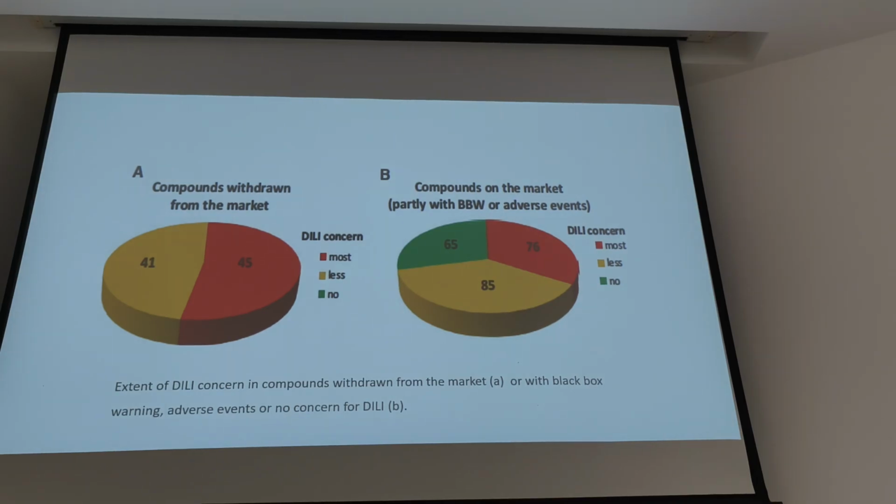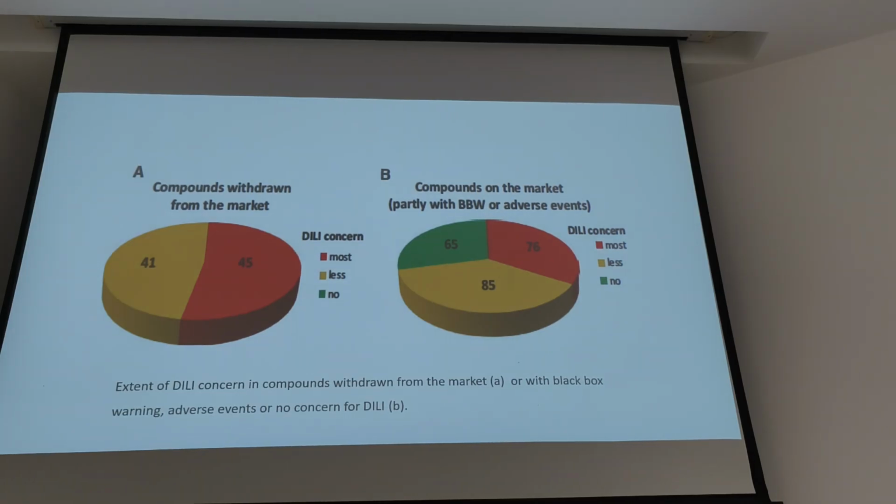And there are some drugs that have been withdrawn from the market because they were found to have the so-called DILI, drug-induced liver injury. So a lot of them have been withdrawn due to DILIs. So we have to know what are the DILIs and how can we identify them in the first place.